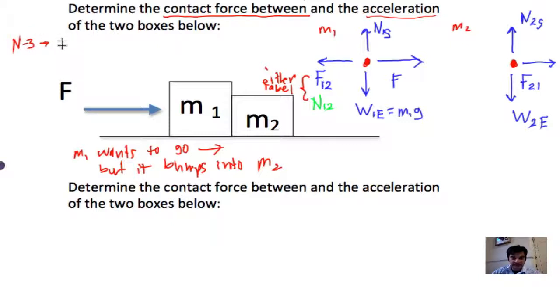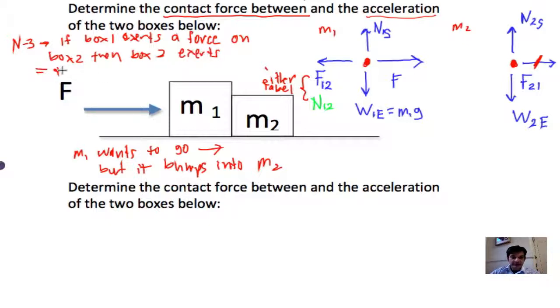It says if box 1, or I'm going to say it for this system, if box 1 exerts a force on box 2, that's what this force here is, then box 2 exerts an equal and opposite force on block 1. So let's be clear, that's this force right here.